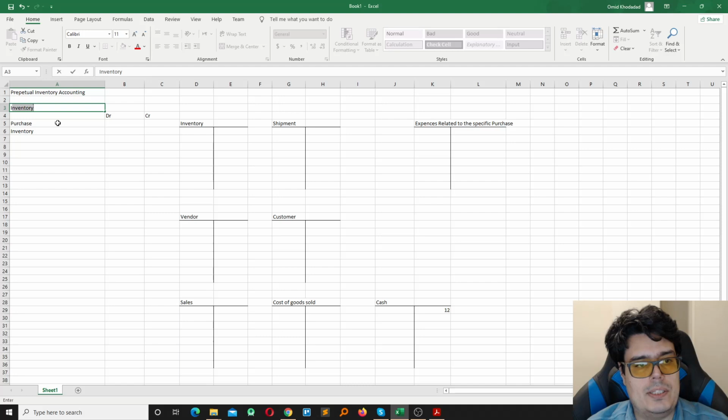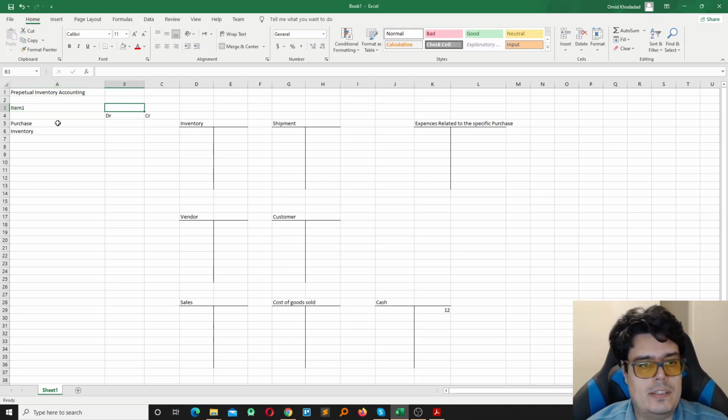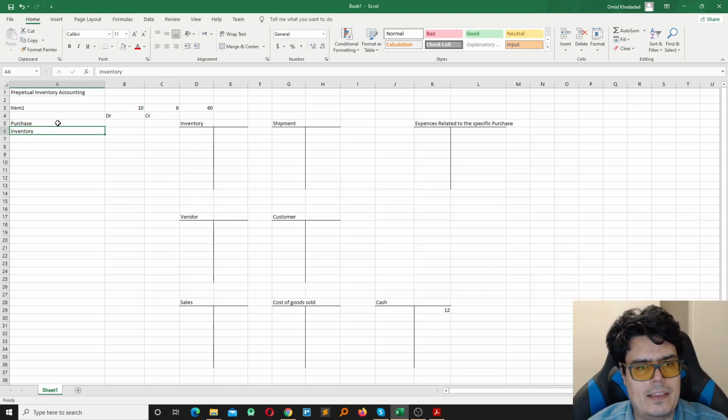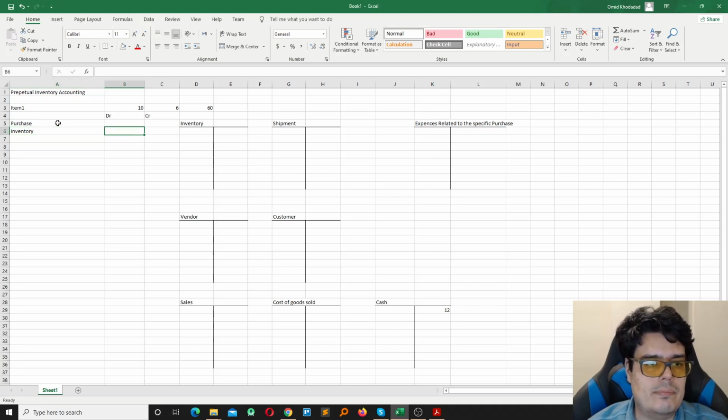Suppose we have purchased item 1, 10 items at the price of 6, which will be 60 in total. Let the currency be USD, dollar. From now on I will say dollar. In this case, inventory will be debited and the vendor will be credited.